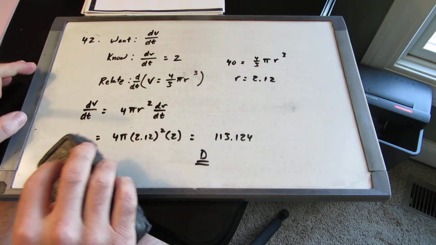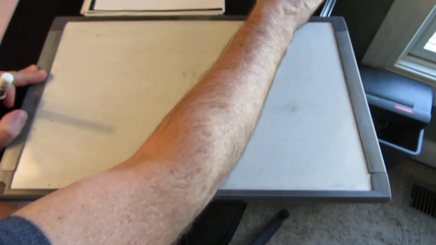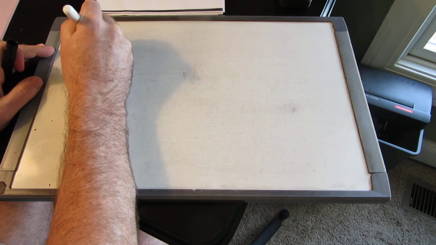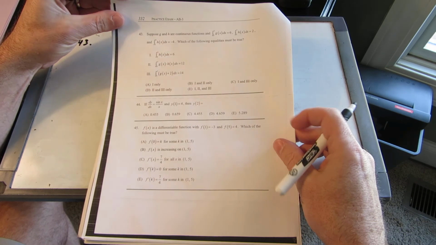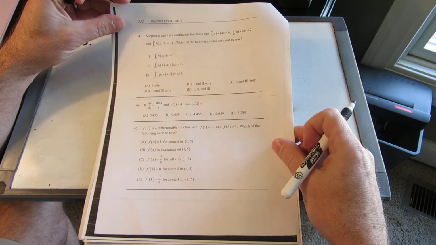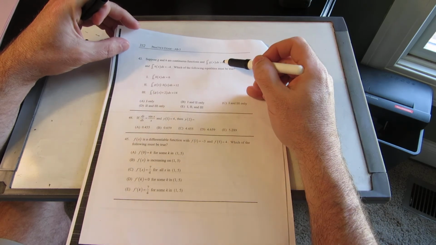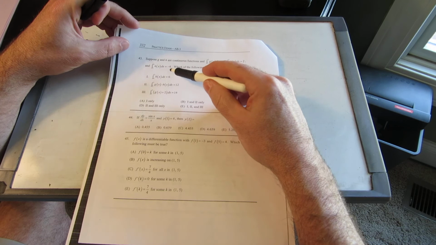All right, 43 is different than what you've seen before, so I will show you how to do it. It says, suppose g and h are continuous functions, and the integral from 3 to 7 of g of x dx is 6, the integral from 3 to 7 of h of x dx is 2, and the integral from 3 to 4 of h of x dx is -4.